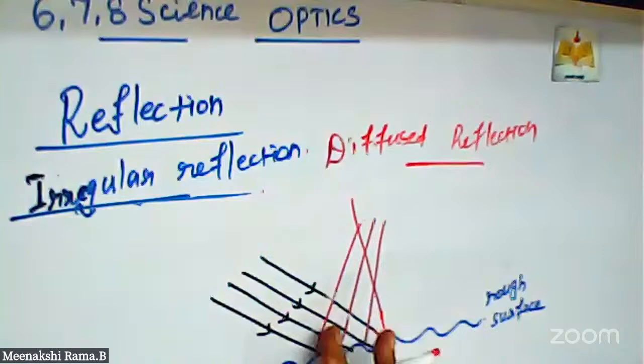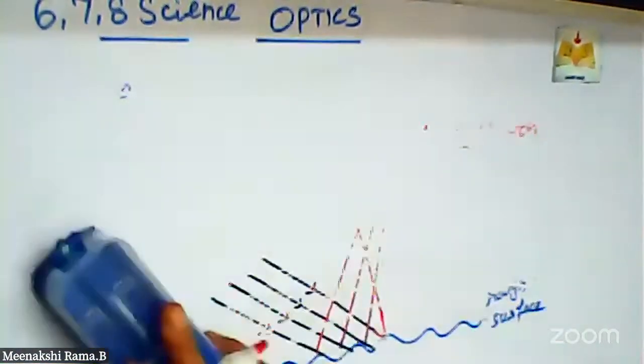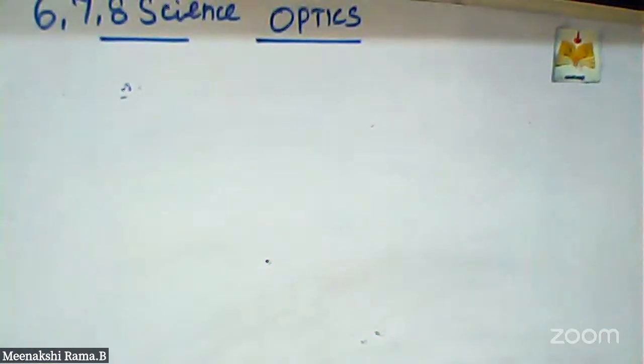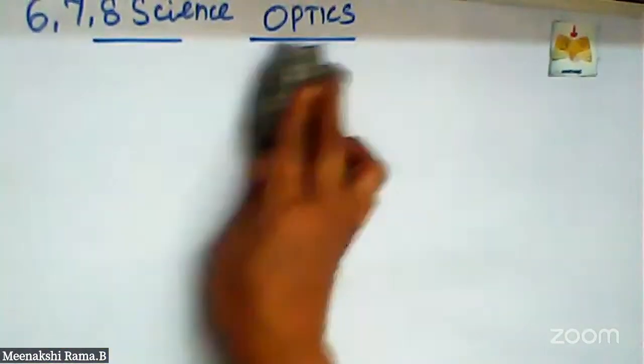Okay. So the next topic, the second topic, is how images are formed in a concave mirror. There are two kinds of mirror: one is concave and the other is convex. That is the basic concept.